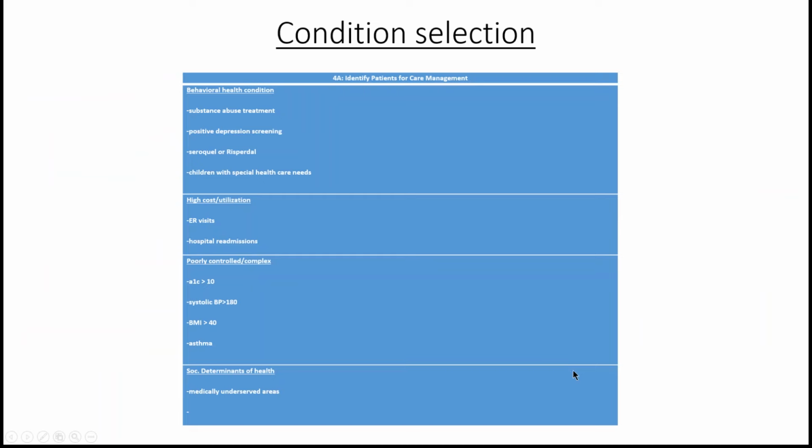I don't think that this slide is in the handout that I sent yesterday. I had just included it to let you know that these are conditions that we are looking at everyone to include. So it's trying to take some of that burden away from the practice of having to sit down and choose conditions and decide what would be best.